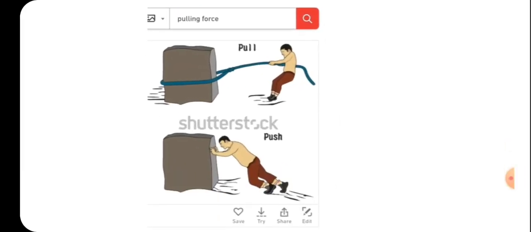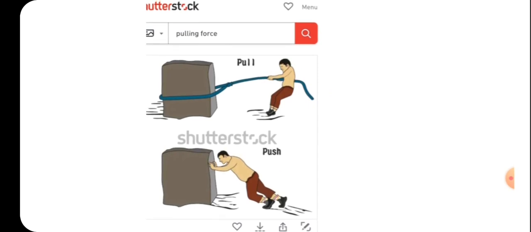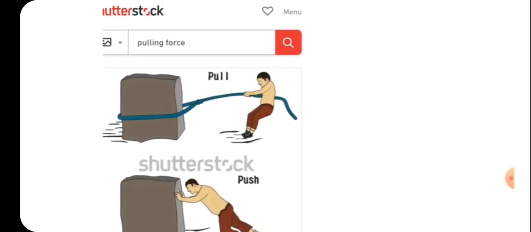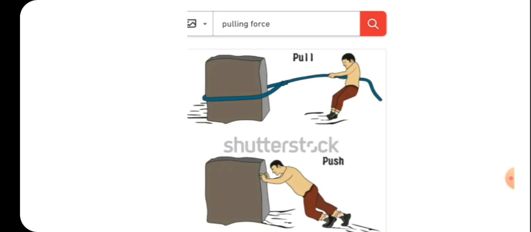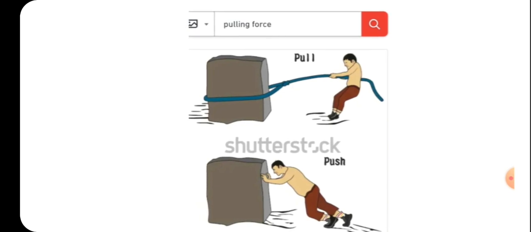Okay, look at this picture, children. What is he doing in the first one? He is trying to pull an object. Okay, in the second picture, he is trying to push the object. Okay, both are used to move that object from the place. Okay, generally what is motion, children?